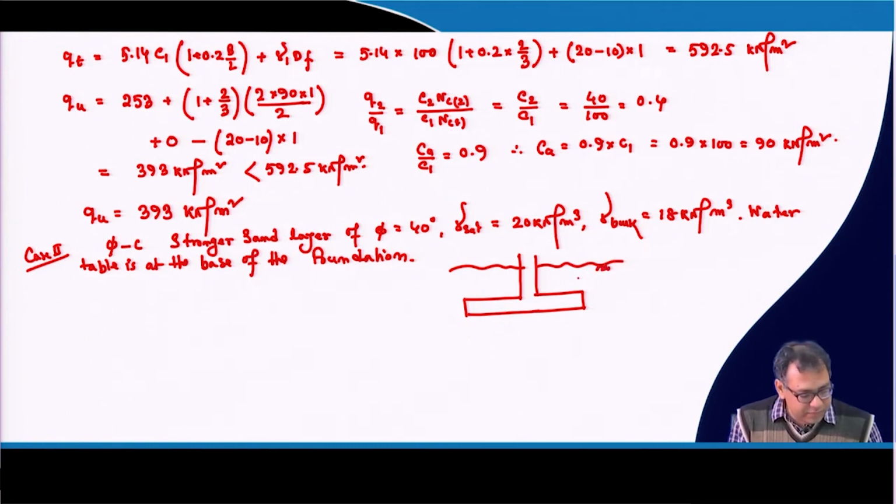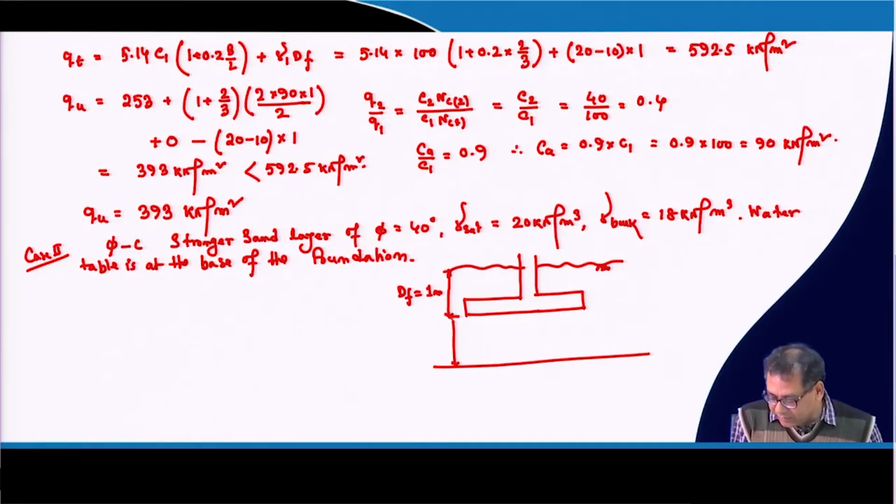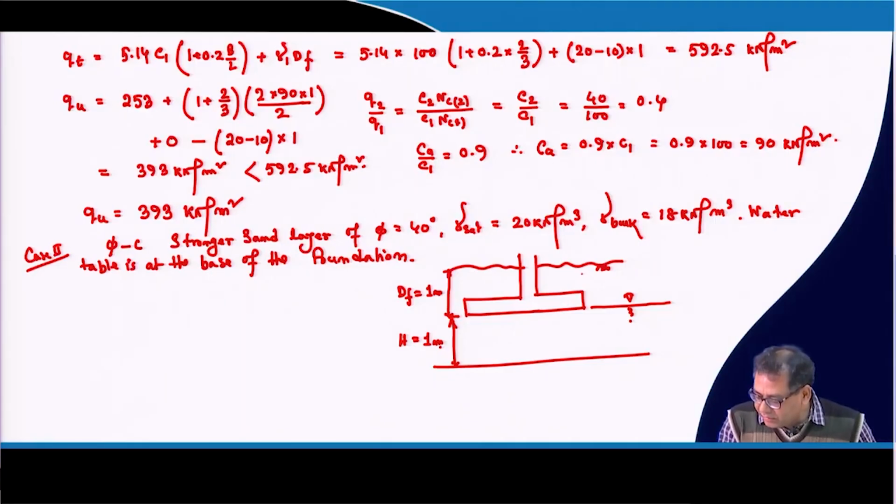So, this is your ground surface, obviously the same problem we are taking. So, your dF is equal to 1 meter, and this is the first layer and second layer interface. Where h is equal to 1 meter, okay, and water table is at the base of the foundation. Here the unit weight is 18 kilonewton per meter cube, and the saturated unit weight is 20 kilonewton per meter cube.